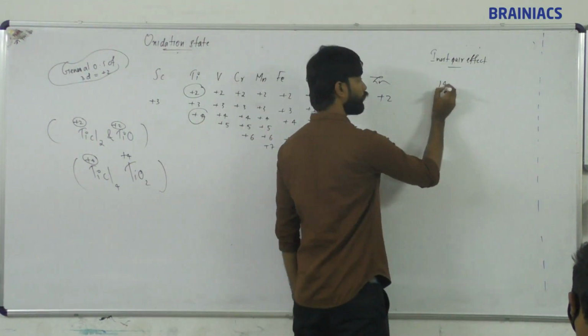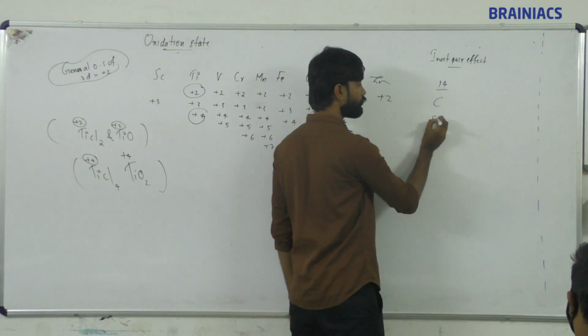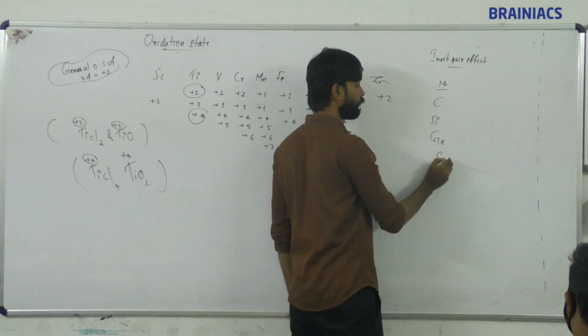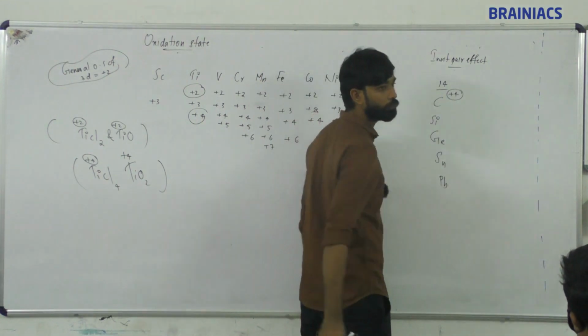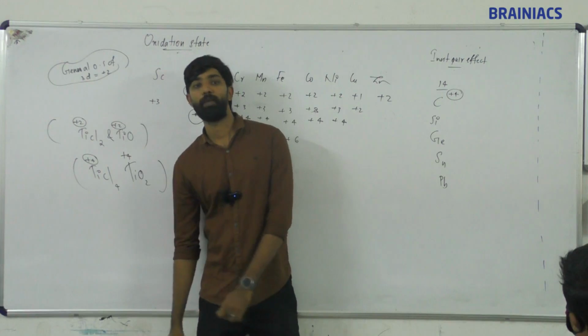Let's take the 14th group elements: carbon, silicon, germanium, tin, lead. The group oxidation state is +4.